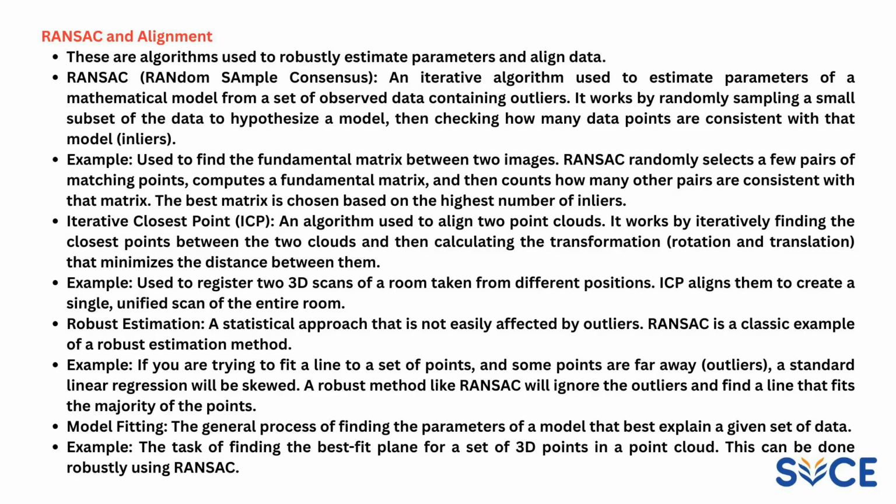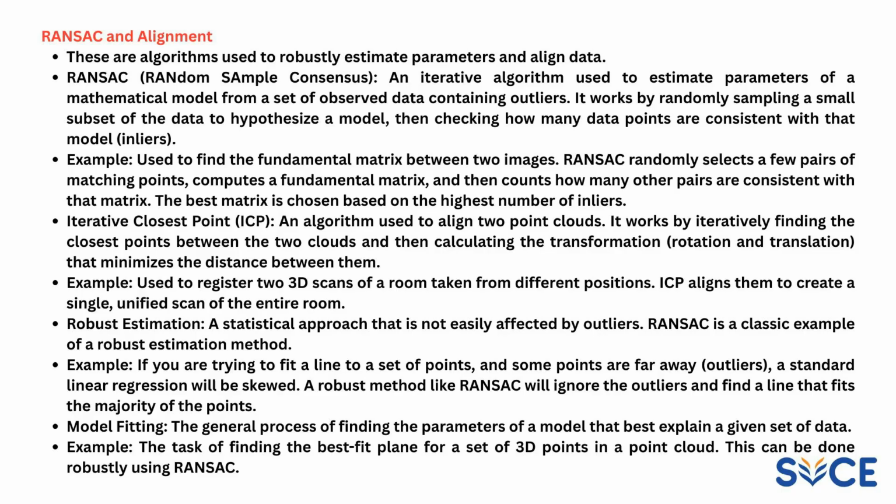Example, when matching two images, not all detected points are correct matches. RANSAC helps to estimate the fundamental matrix by ignoring the bad matches and keeping only the consistent ones.